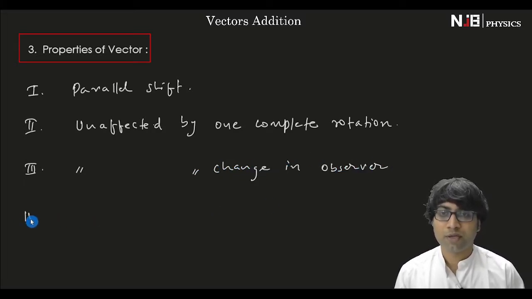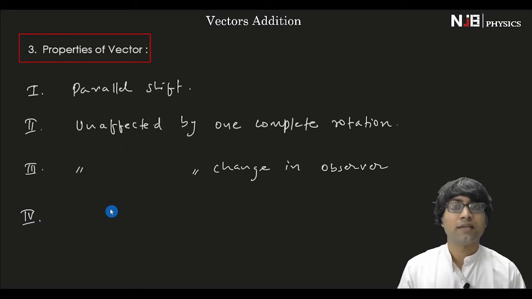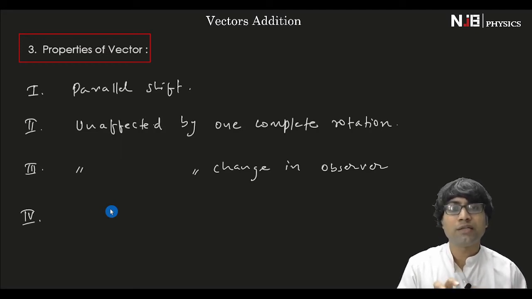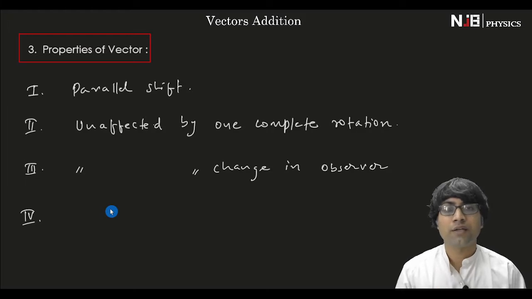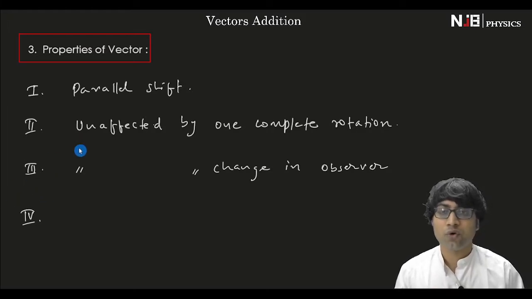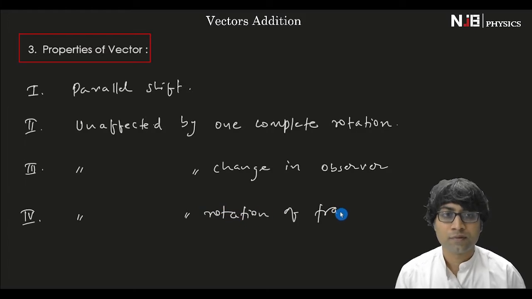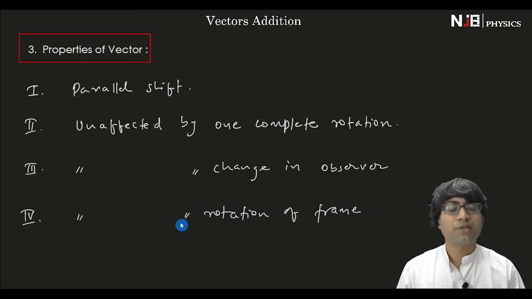And the last property that we will write over here is that the vector is unaffected if you rotate the frame of reference, that is your coordinate axis, x-axis, y-axis. Even if you rotate it, the vector remains unaffected. And therefore, let's write that the final property of the vector is that it is unaffected by the rotation of frame of reference. So this is all about the properties of the vectors.